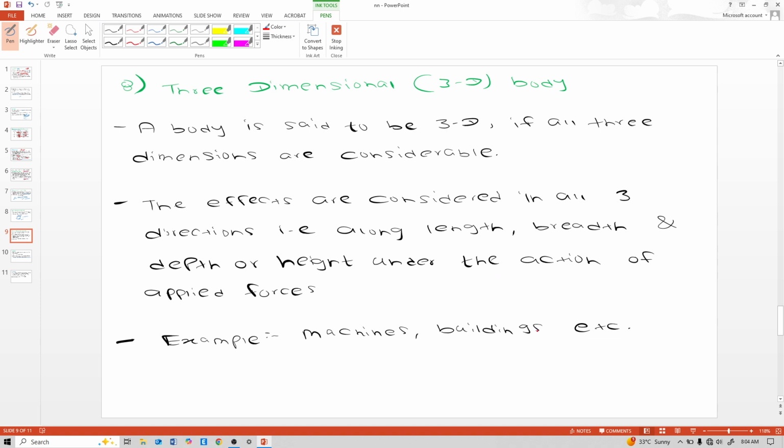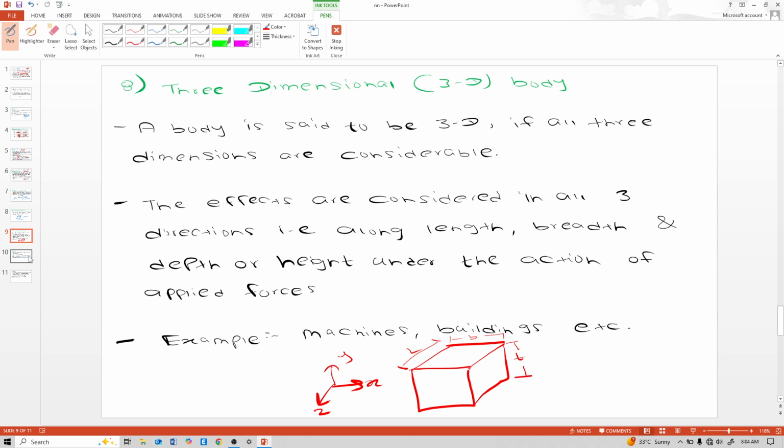So for example, this is a 3D body. It has length, width also, and thickness also, and all are considerable.